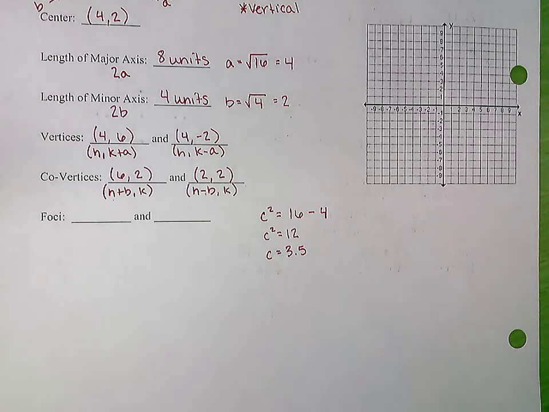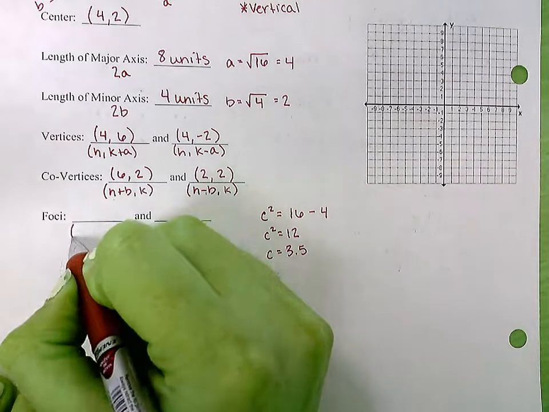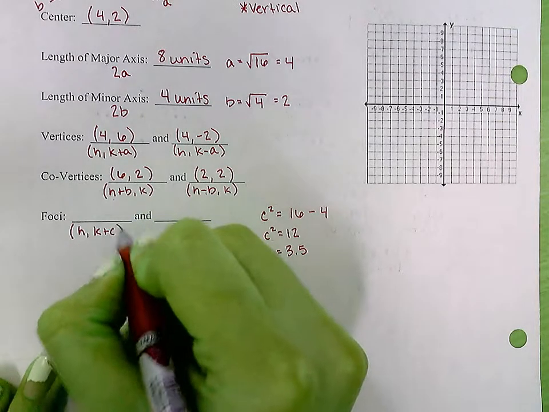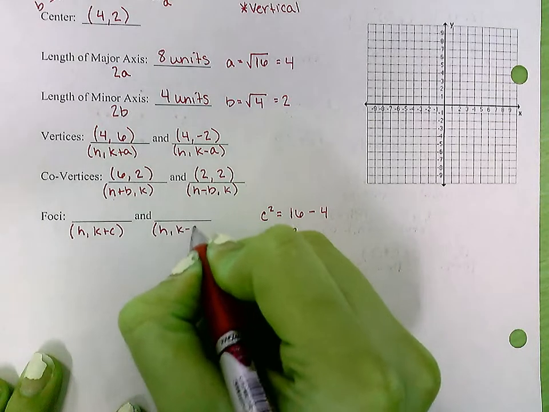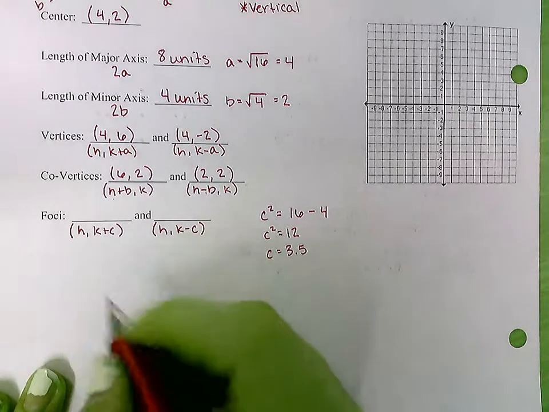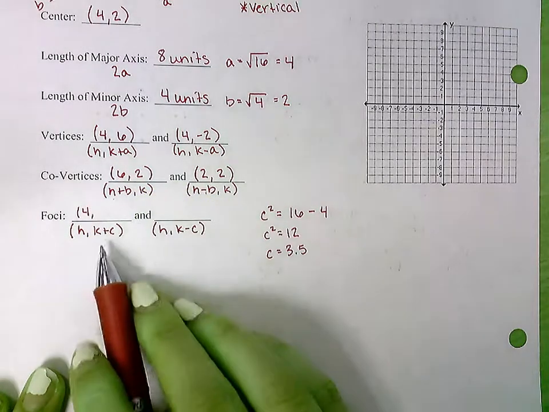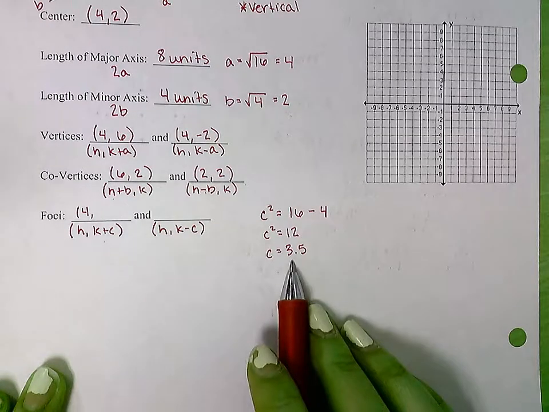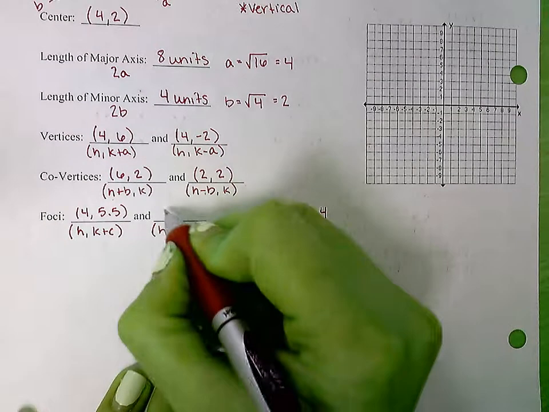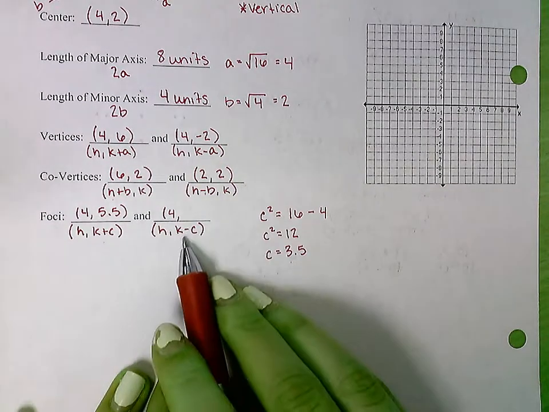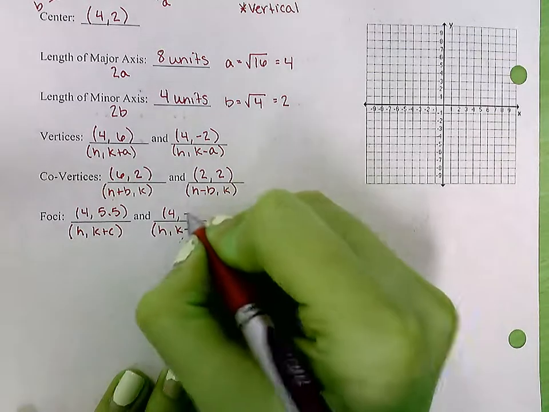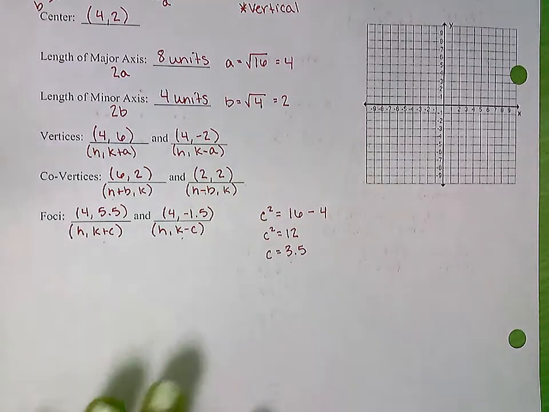Okay, so our foci points are at h, k plus c, and h, k minus c, since it is vertical. So h is 4, then we'll take 2, add on 3.5, so you get 5.5, then again we're keeping h the same. Take our k value of 2 and subtract 3.5 to get negative 1.5.